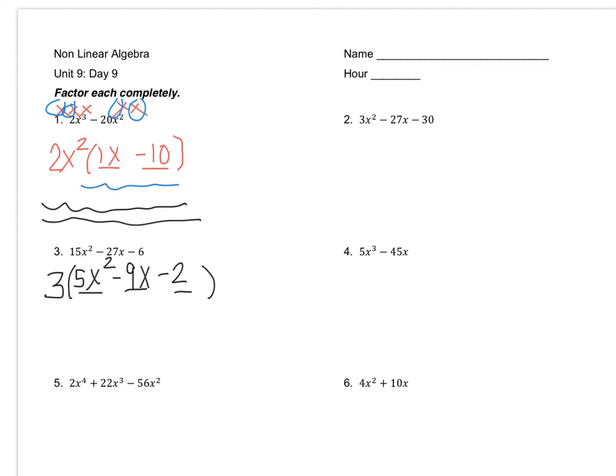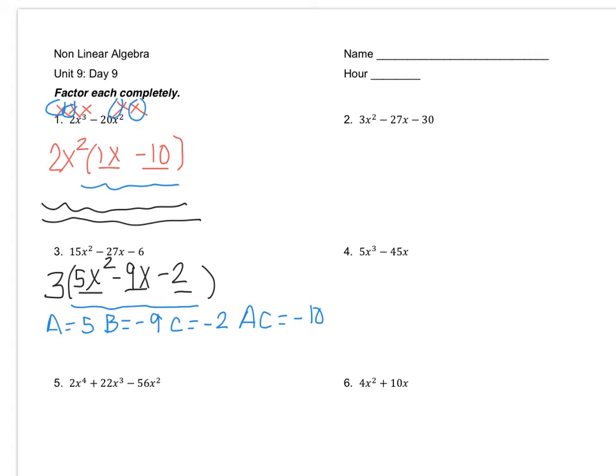All right, so next step, look at what you have in parentheses. I have 3 terms. When you have 3 terms, you need to think of your A, B, C, AC method. So A is 5, B is negative 9, C is negative 2, and thus AC is negative 10.